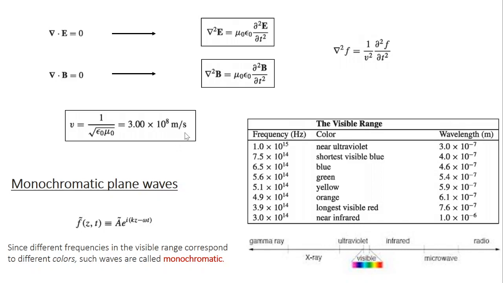The speed of light in vacuum is a constant given by this value. This is also known as the constant c. If you remember your mechanics course, this is the only parameter which is invariant when you move from one inertial frame to another inertial frame. So we have shown that an electromagnetic field can exist as an electromagnetic wave.